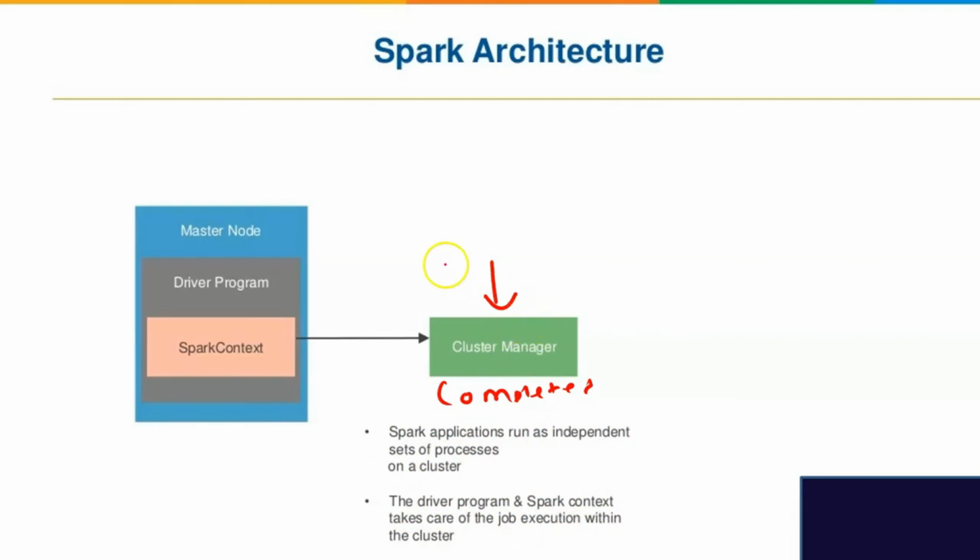This cluster manager could be anything. There are multiple cluster managers. It could be the Spark standalone cluster manager. It could be YARN. It could be Mesos. We have multiple other cluster managers also, that is possible. The cluster manager then further sends the tasks to the worker nodes.